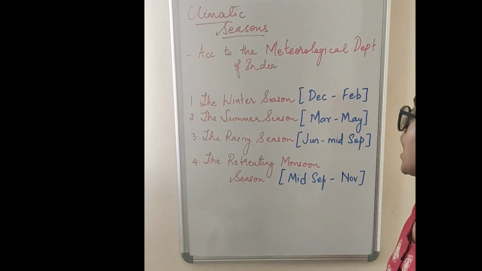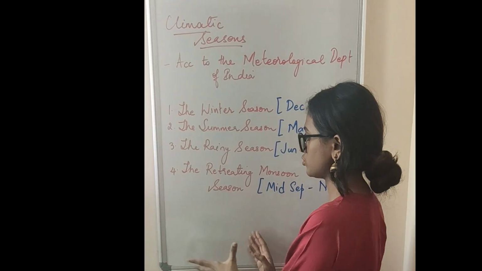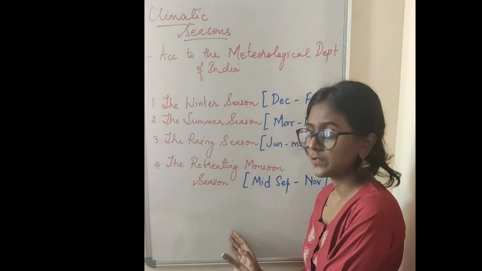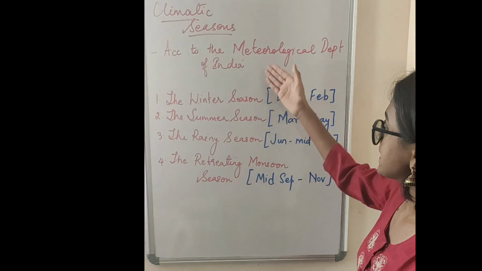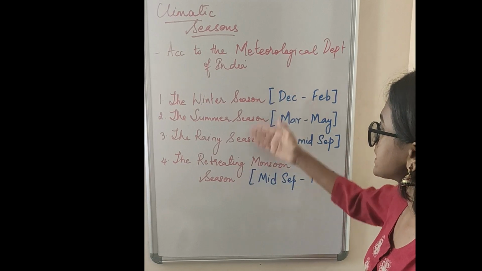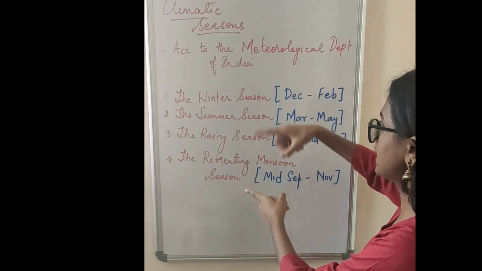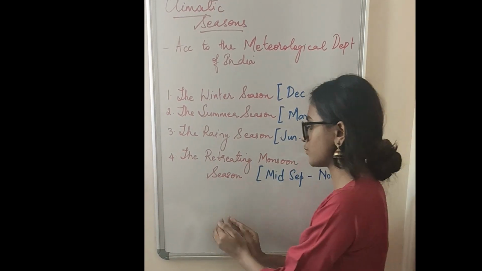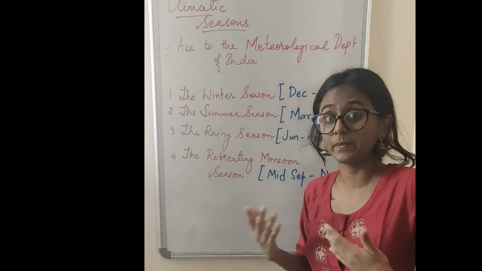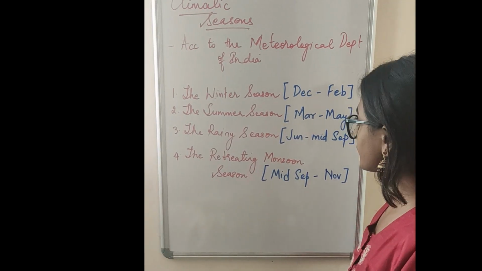That means that we can define the tropical monsoon type of climate on the basis of these seasons. So four distinct seasons. The seasons keep repeating, and that repetitive pattern is what we call the tropical monsoon climate.